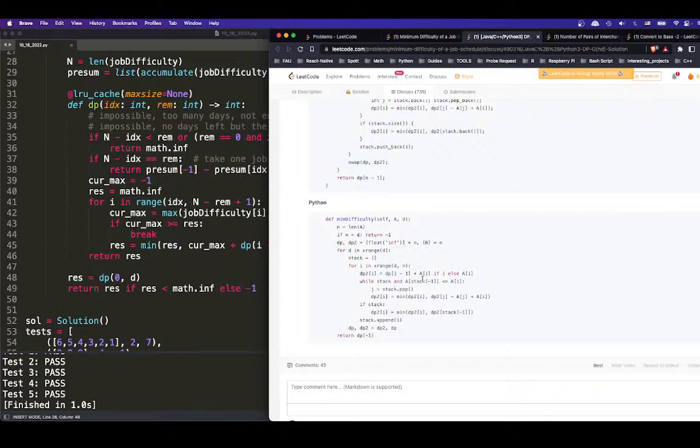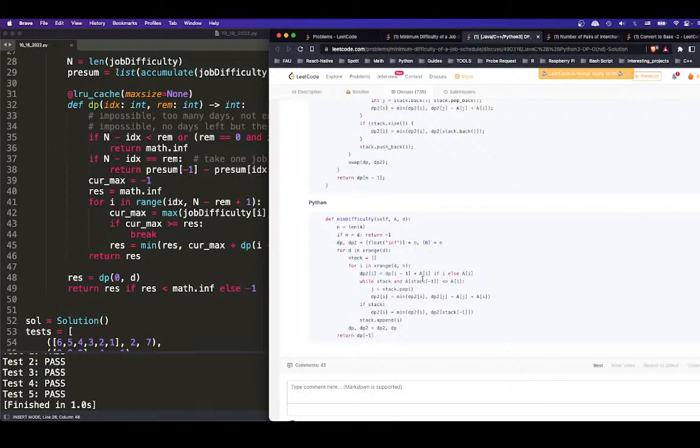Oh no, decreasing. dp2[j] minus a[j]. What the hell is j? j is the popped. Then plus, which means we'll swap to a[i].